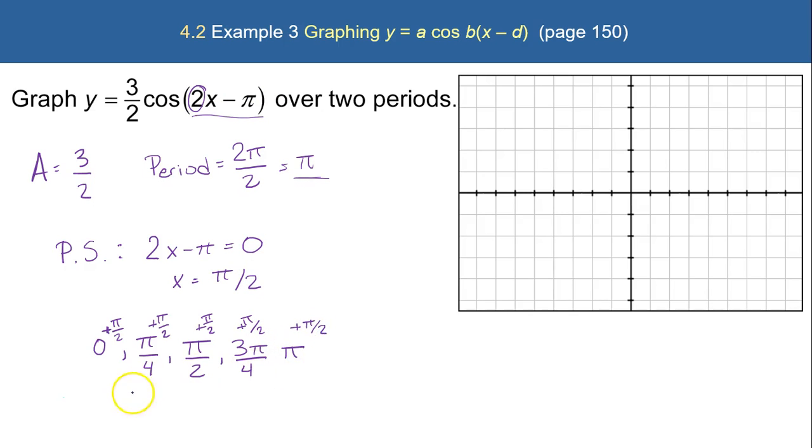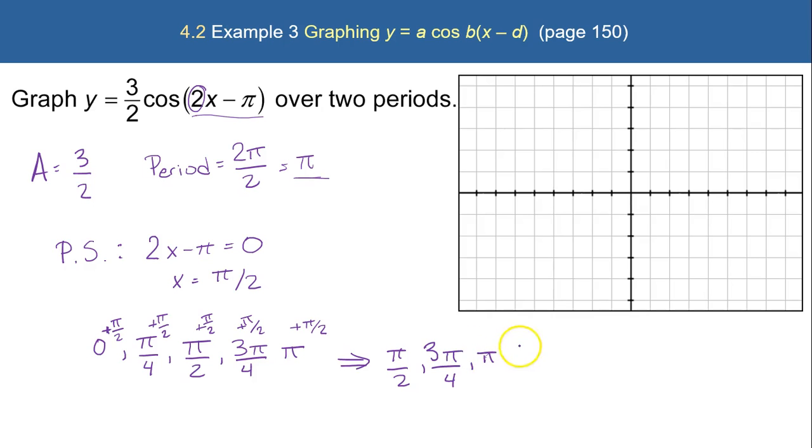Okay, now let's do that. Let's say our first value is going to be pi over 2. Second one, this is going to be 3 pi over 4, and we're going to get pi.